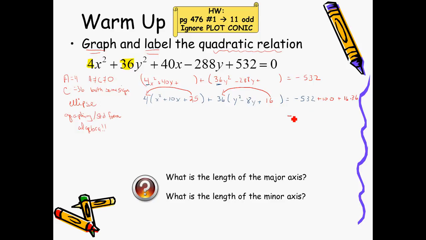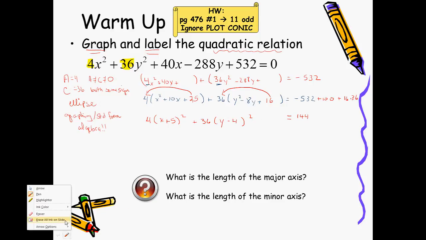And when you do that, using my calculator, this side is 144, another nice number. This side is 4 times x plus 10 divided by 2, and -8 divided by 2.